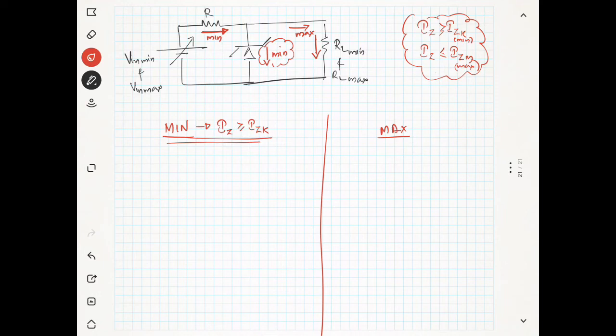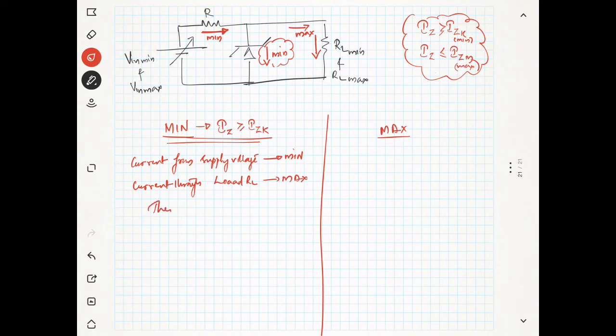So in the minimum condition, the current from the supply voltage should be minimum, and the current through load RL should be maximum.